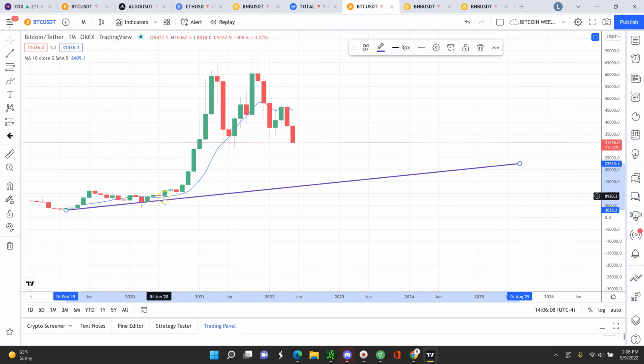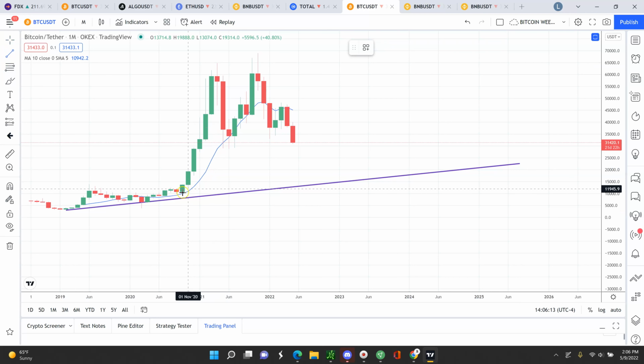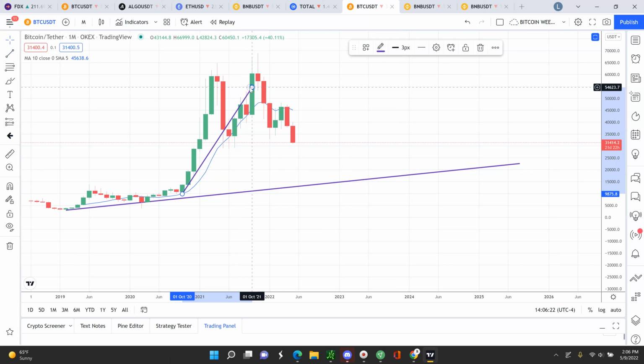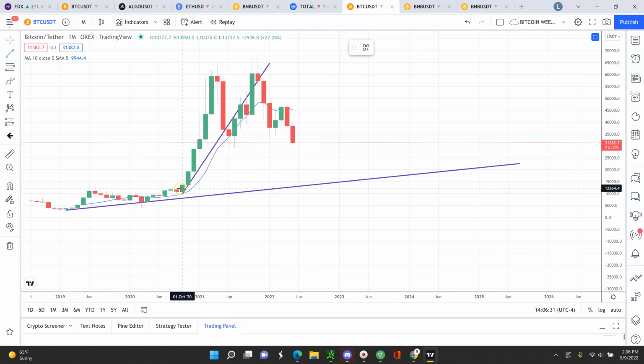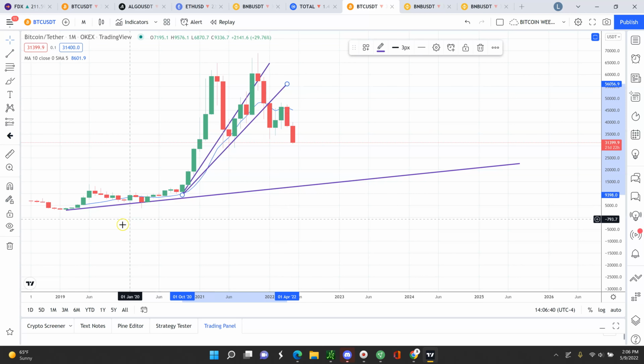Let's see. If we take a trend line from here to here, there's another one, right? And then if we take one from here to here, that's another one.